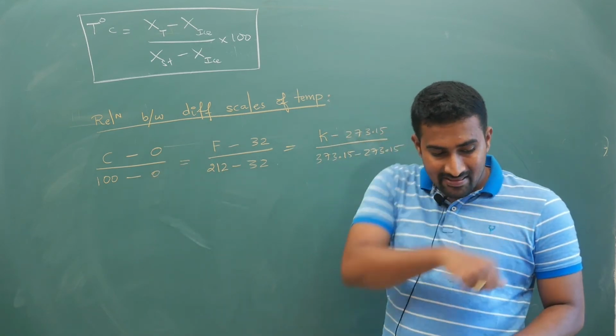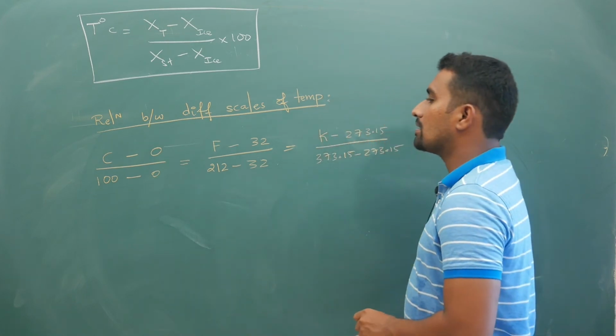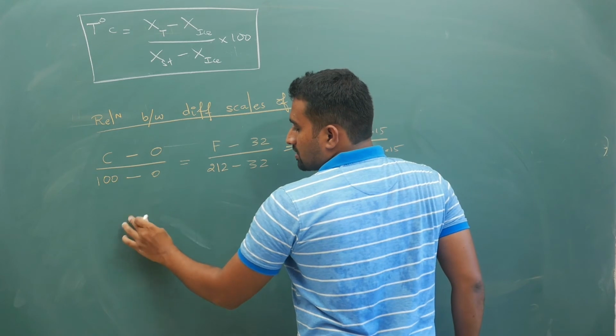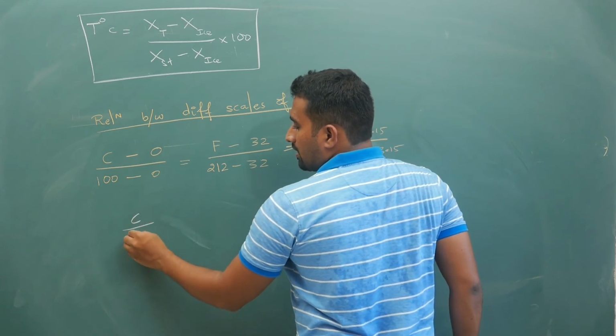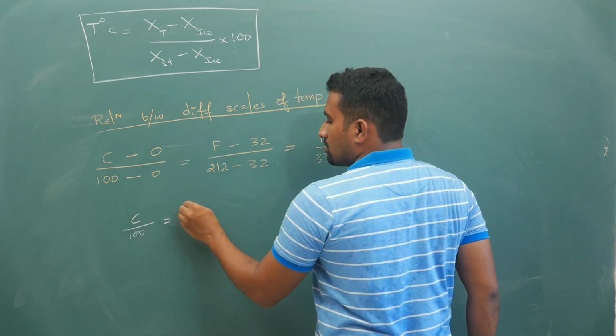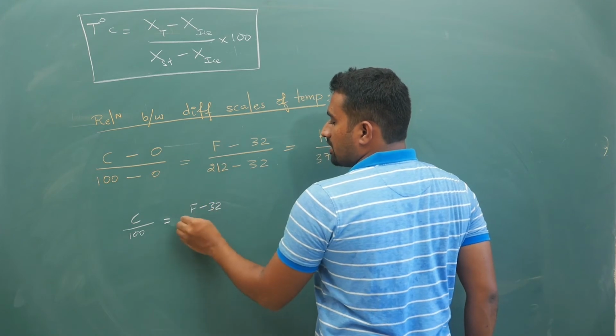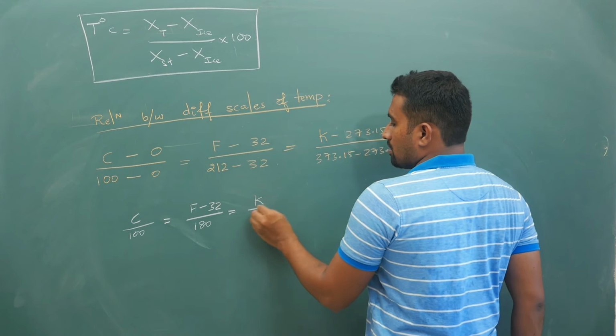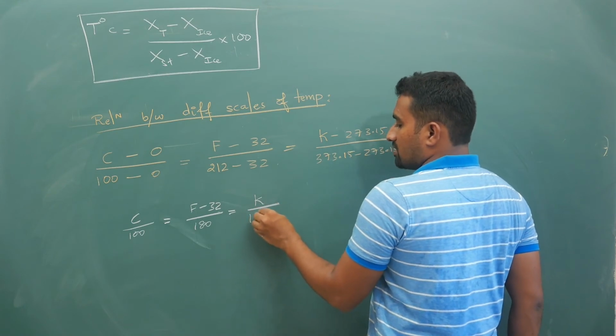Now the next important point. If we simplify this, C by 100 is equal to F minus 32 by 180, which is equal to K by 100 once again.